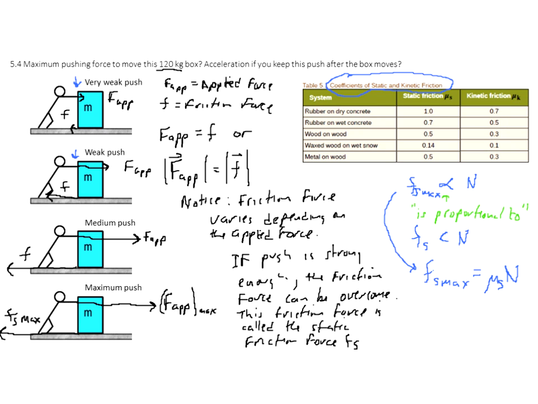And so combining this equality, or the fact that it's proportional to the normal force or equal to mu times the normal force, in general, Fs is less than or equal to mu sub s times the normal force.